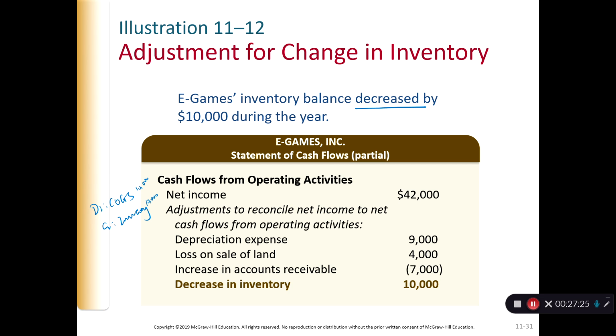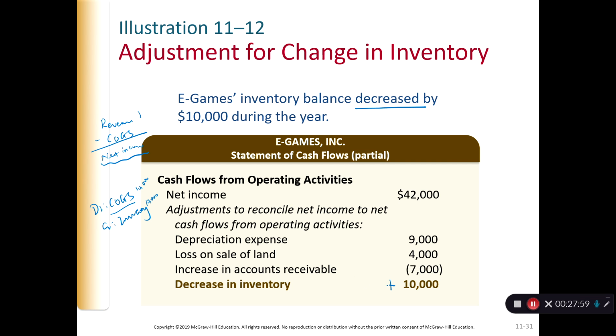Remember, this cost of goods sold reduces the net income, but that amount is not reflected in the cash. To adjust our cash to be greater by $10,000, we add the decrease in inventory to the net income. So we want to add it back.